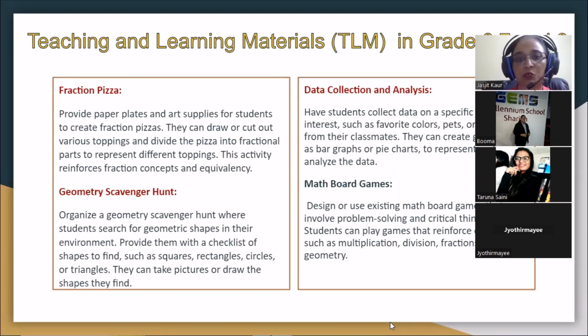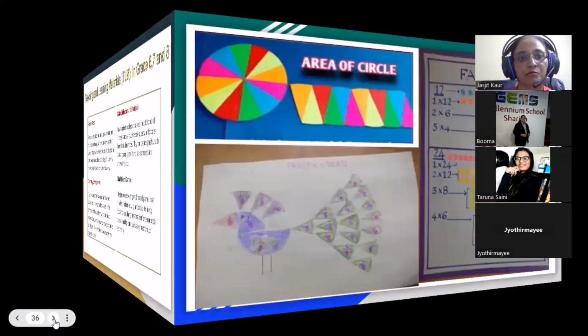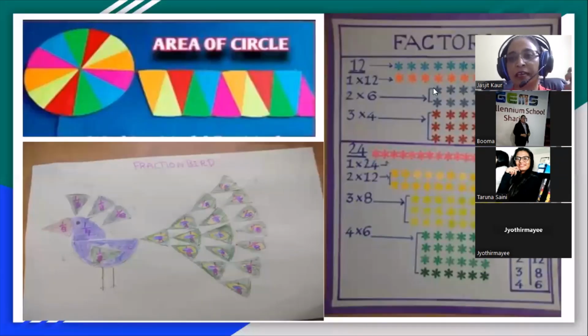Let me show you some games. These are a few activities which can help them understand factors with the help of any object or manipulative they want. So what are the factors of 12?